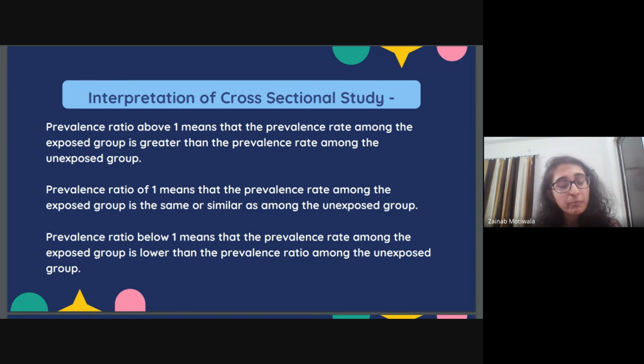When the prevalence ratio is 1, the prevalence rate among the exposed group is very similar to the non-exposed group, clearly indicating no relationship between the two. Finally, a prevalence ratio of less than 1 means the prevalence rate among the exposed group is much lower than that of the non-exposed group, which shows a negative association.